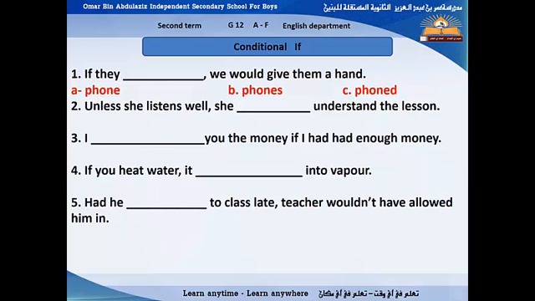Unless she listens, she space understand the lesson. Again, look at the given sentence. We have unless here. Unless means if not. So if we have unless in a sentence, you are dealing with if, and the same cases apply. I'll give you 10 seconds to think about the right answer, but first decide which case you are dealing with from reading the first sentence, as it is the given one.